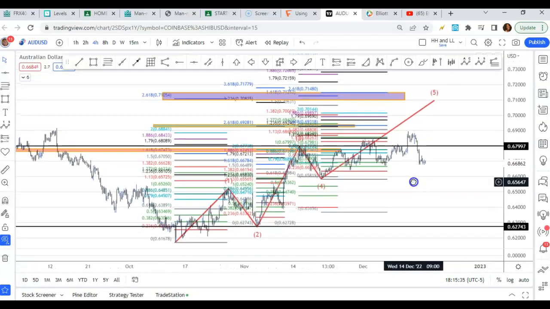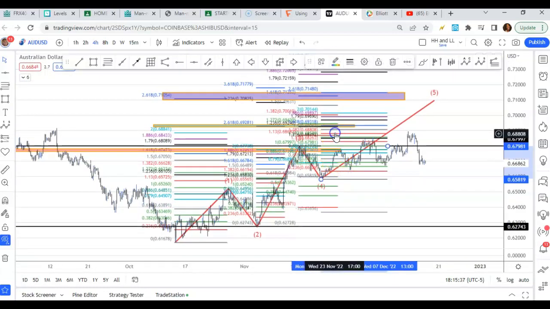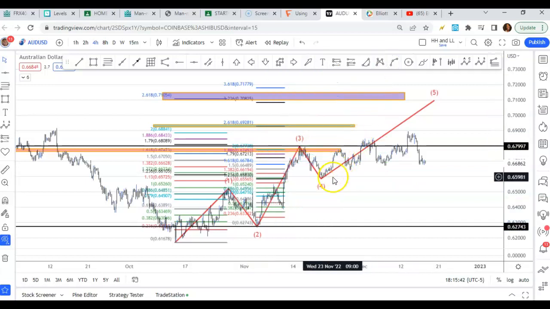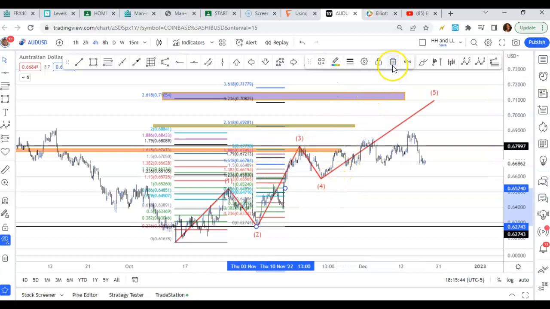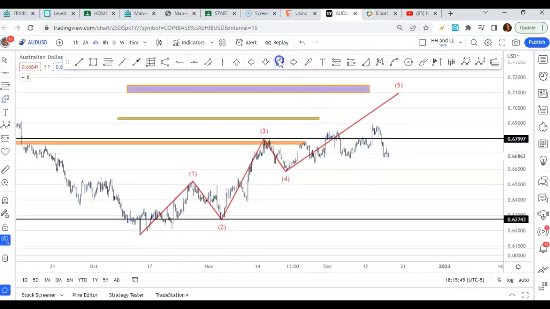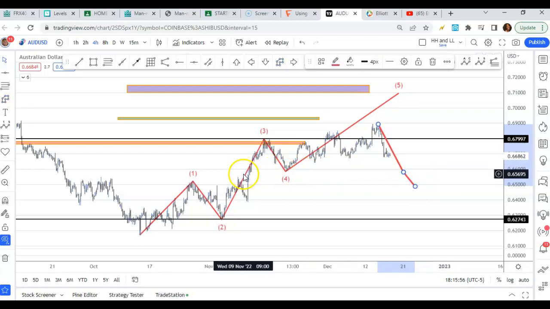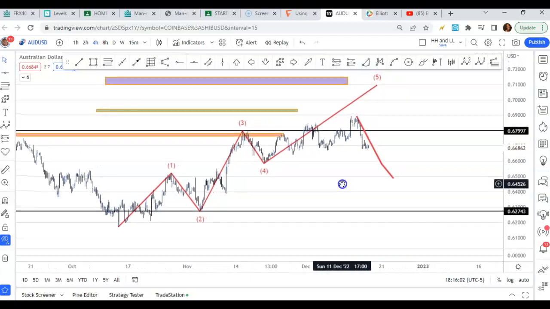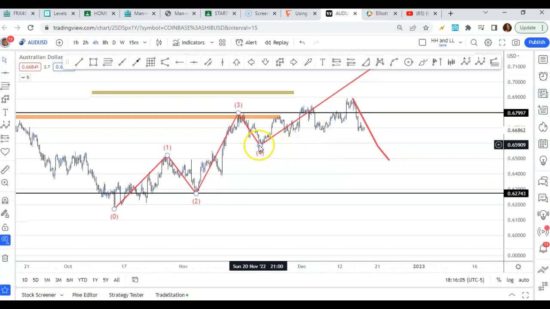Now, if for any reason this market decides to invalidate, which means, say it decides to come all the way down here past 4, then obviously this is no longer a valid Elliott wave. Then I would need to adjust my zones once the market creates a new swing point.